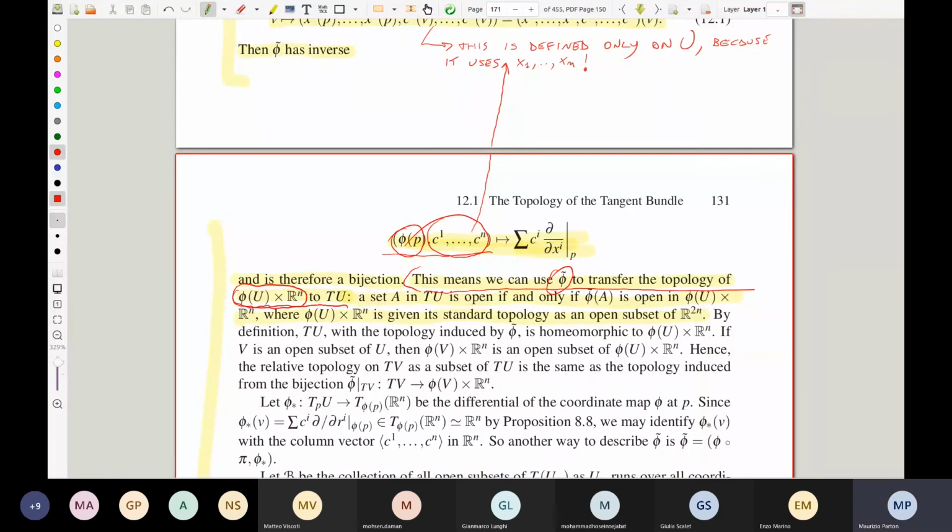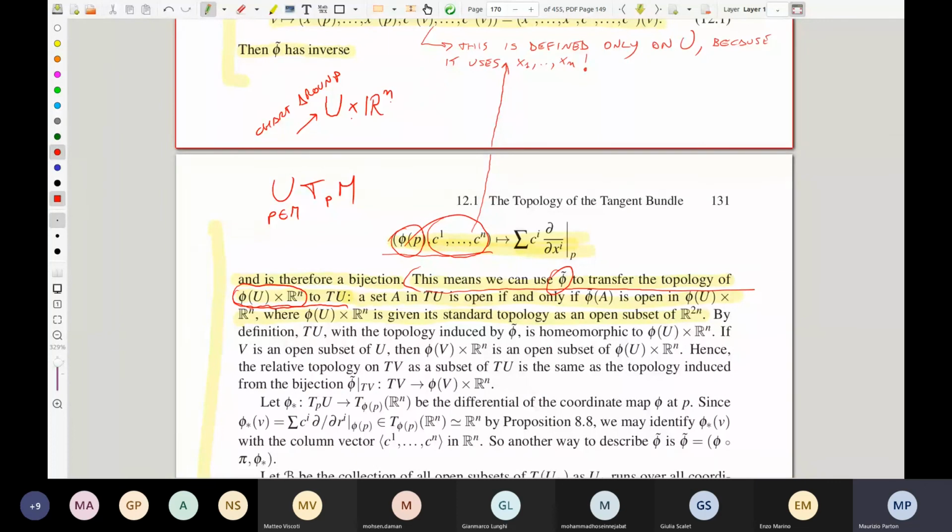So for the space that I'm building, that is the union for p in M of the tangent spaces to M, a local chart around p, fix a point p, will be just the local chart of the manifold around p times Rn.